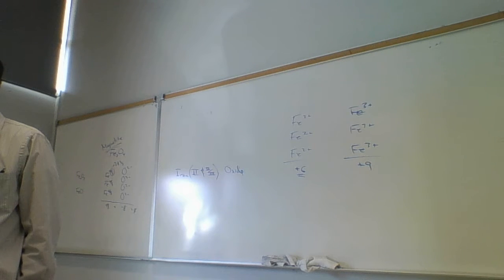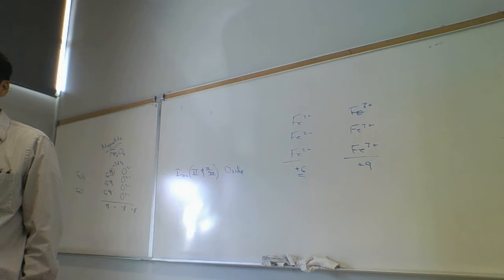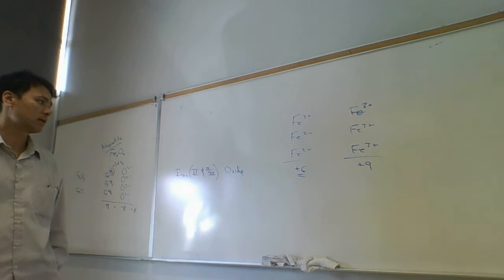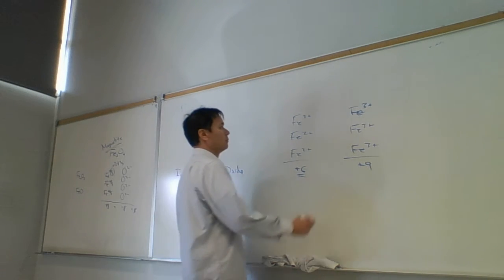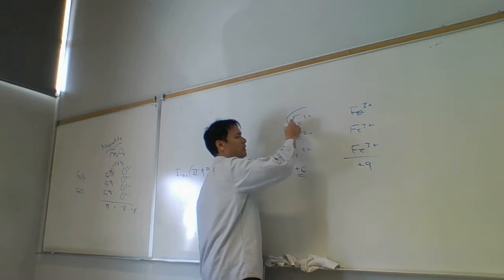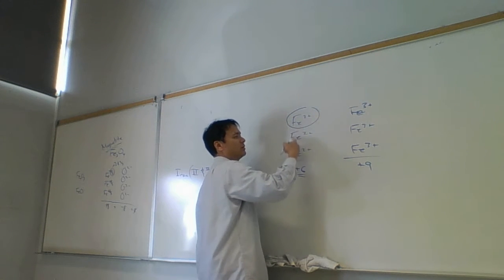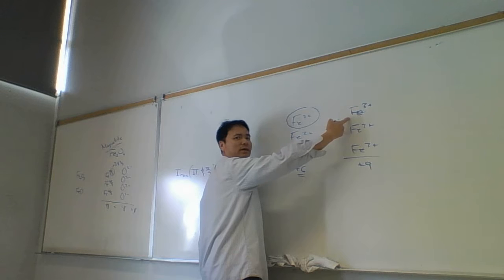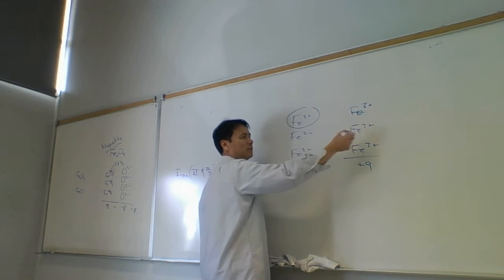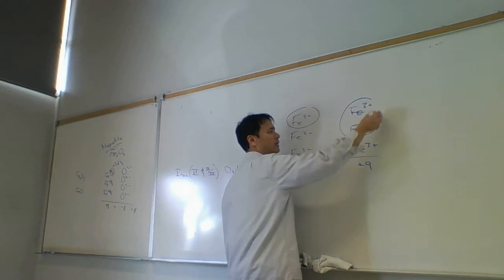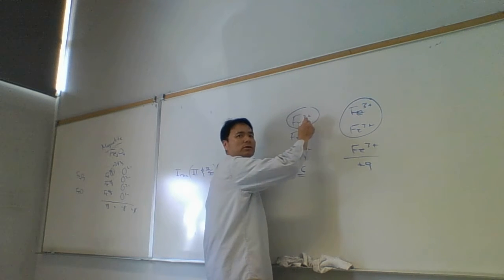3 iron 3s is too much. And so can you think of something we might be able to do? Well, how about this? If I take 2 iron 2s, that gives me +4, and 1 iron 3 gives me +7. How about this? Let's take 2 iron 3s and 1 iron 2.